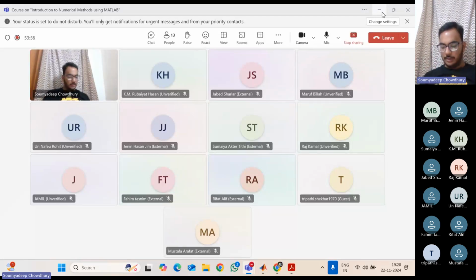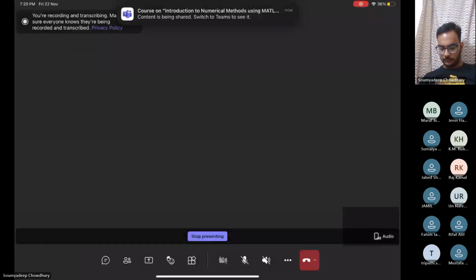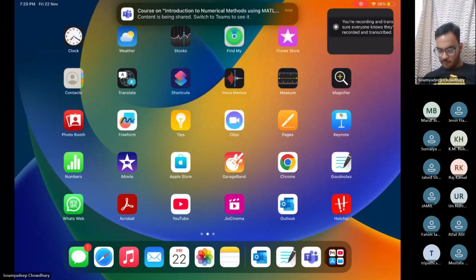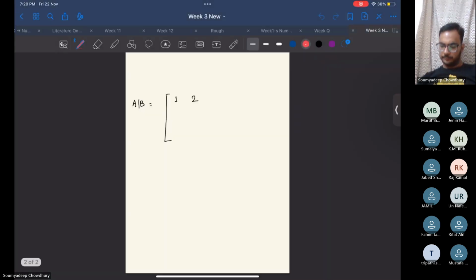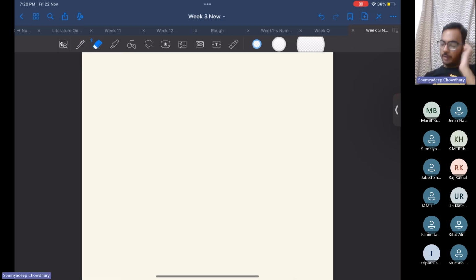So now we will move to the next topic, which is LU decomposition. Okay, just a second. Any one of you, are you aware of what is LU decomposition?